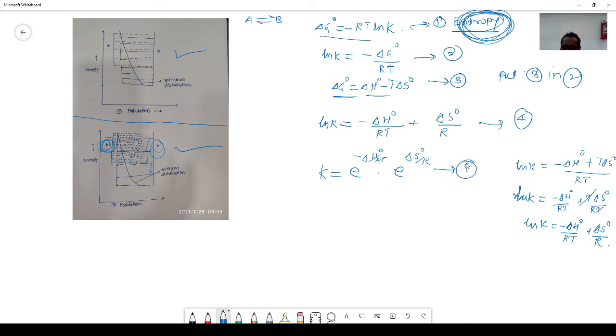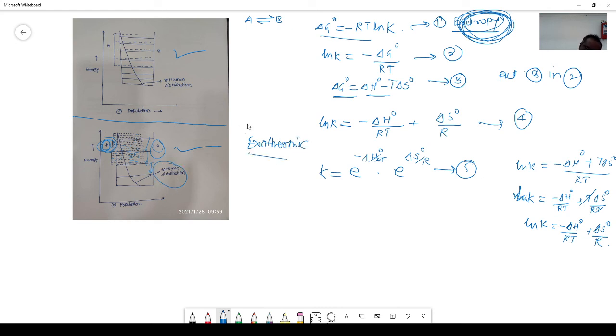So for the exothermic reaction, delta H0 is negative, that is standard enthalpy of formation is negative, hence K will be the higher value. For exothermic reaction, heat is evolved in the reaction.